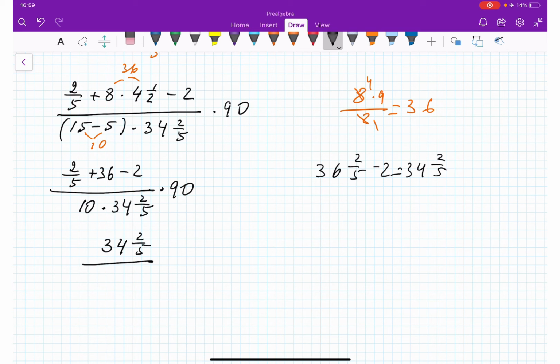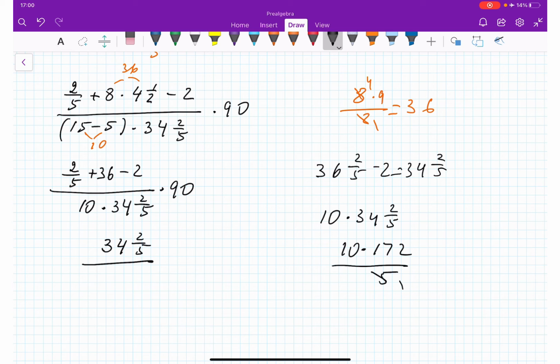Now let's do in denominator. 10 times 34 and 2/5. So we need to convert 10 times 34 times 5. It's gonna be 170, so 172 over 5, right?